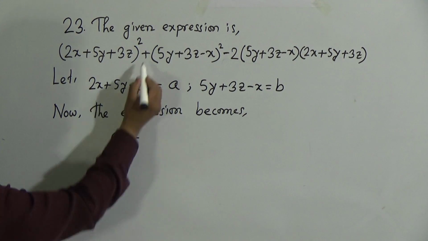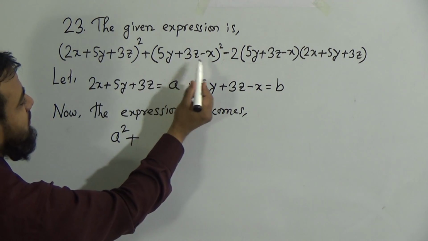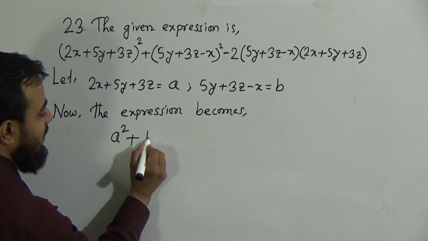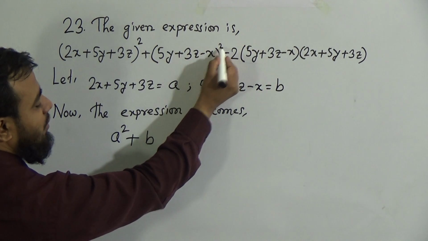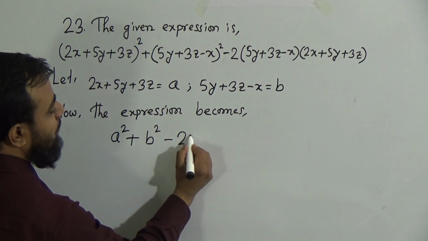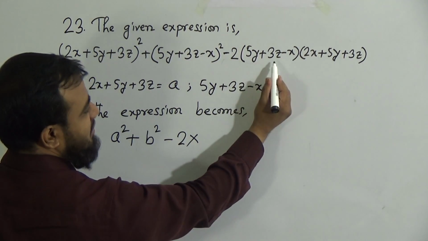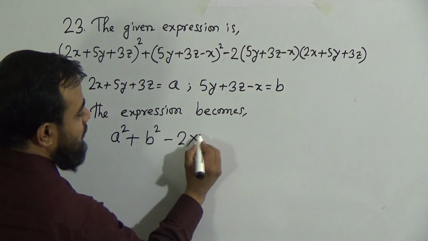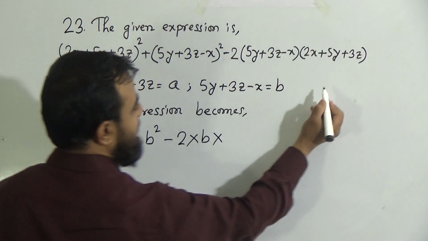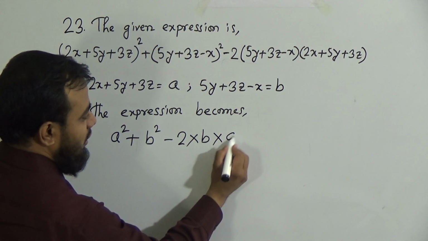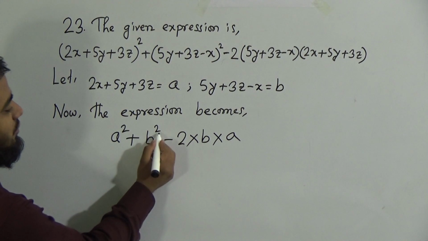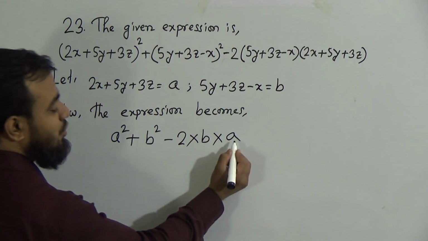After that plus sign, then 5y plus thrice z minus x equal to b we assume already, so we can write b in the place of this one, and we have the square of this, so b square. Minus sign. Okay, 2 multiplication with 5y plus thrice z minus x equal to b, so you can write b multiplication with twice x plus 5y plus thrice z equal to a, we already assume, so you can write down this one is a. So we find out the expression is now a square plus b square minus 2 into b into a.